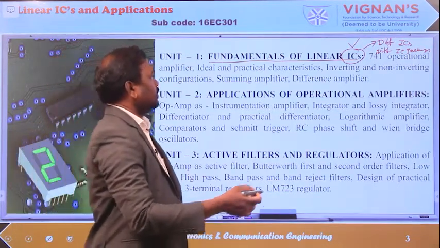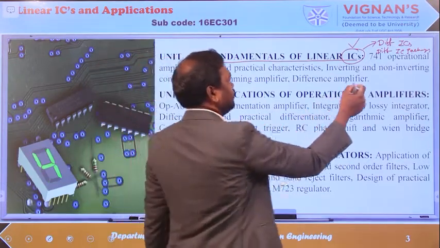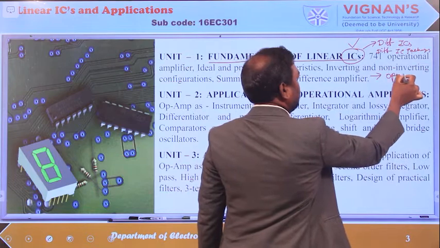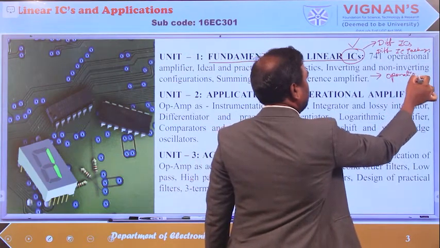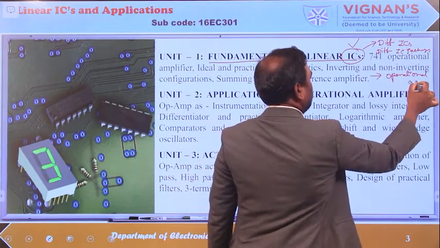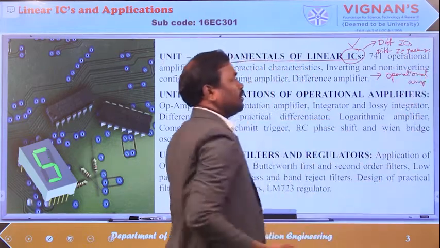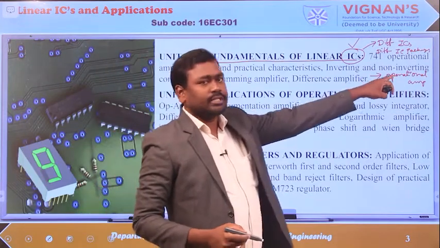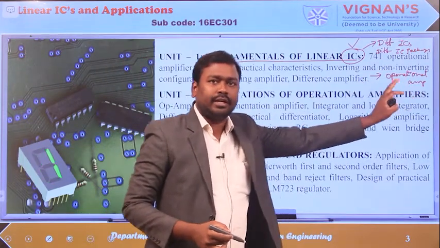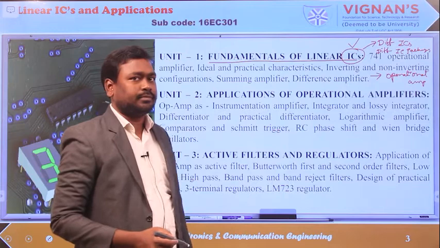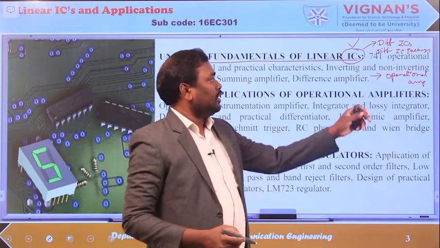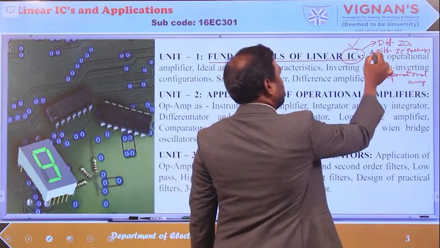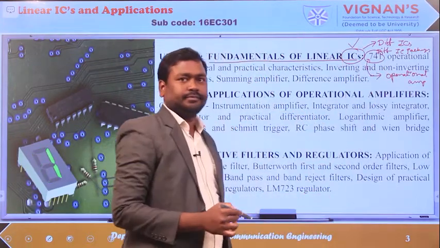Later, the important component is operational amplifier. After introduction to the integrated circuits, we discuss about the operational amplifier, which is very important for any electronic system. So it is available in integrated circuit form, that is 741.